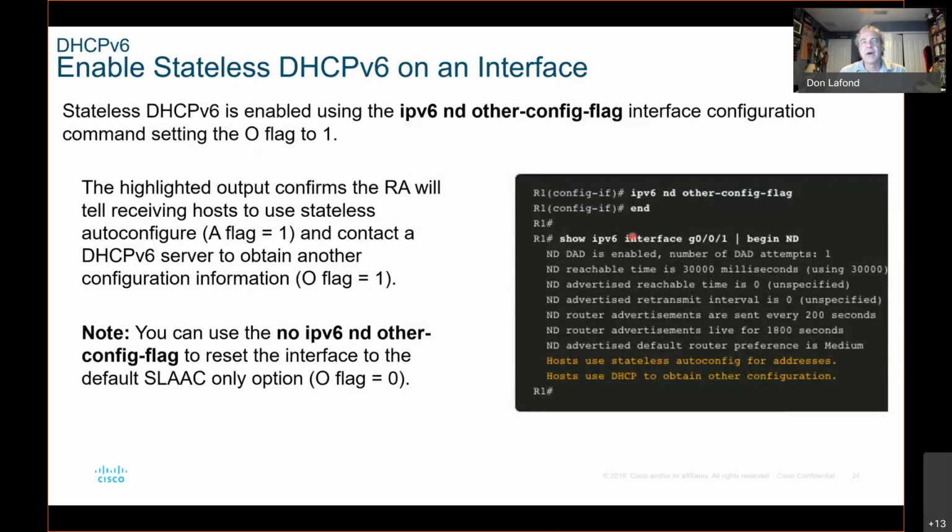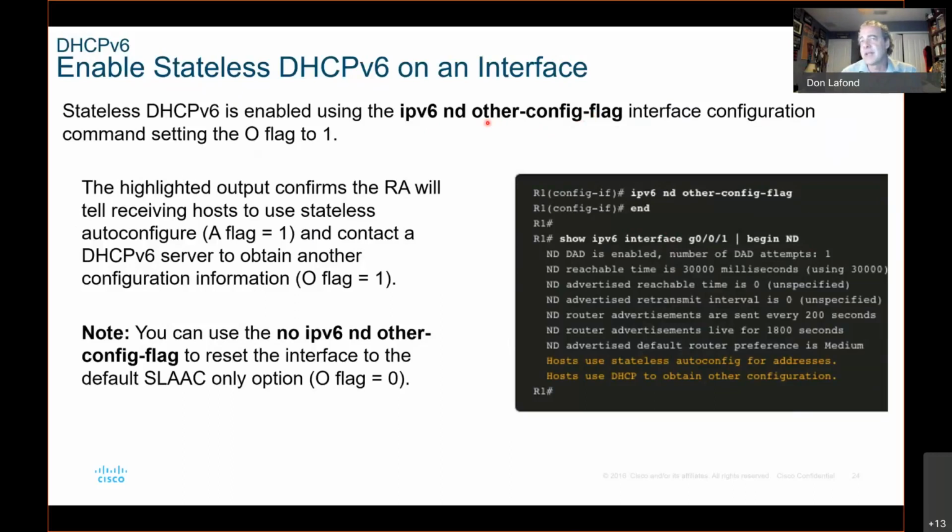So here we are configuring the O flag, and the command to configure the O flag is ipv6 nd other-config-flag. You can just type other, or I think you can even just type O and tab. I'm not positive about that, but I'm pretty sure you can type O and tab.